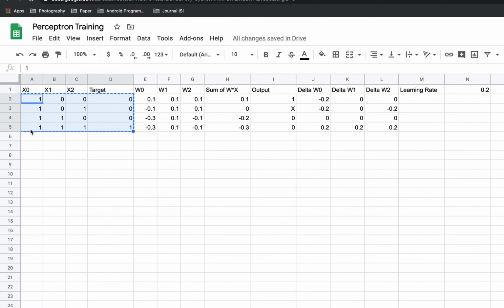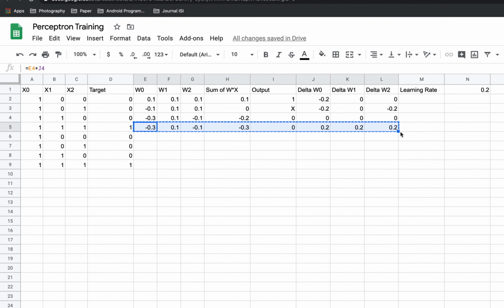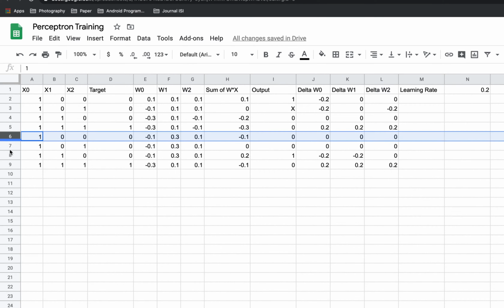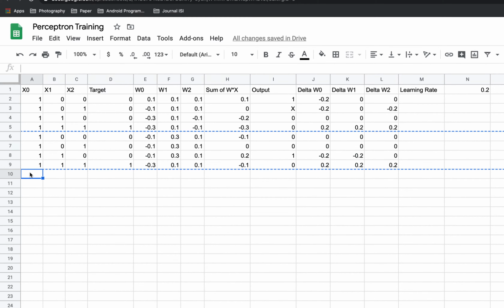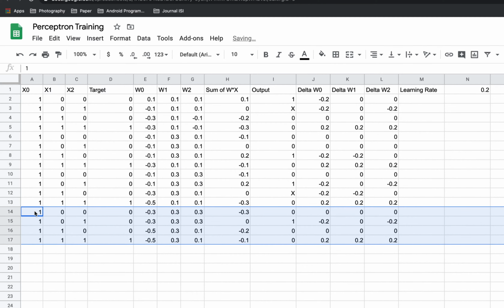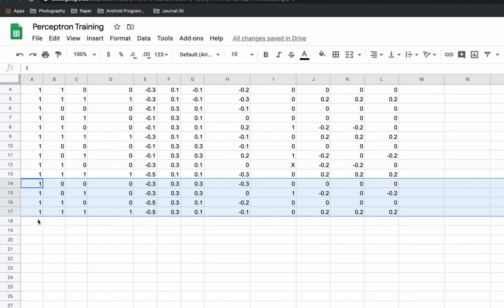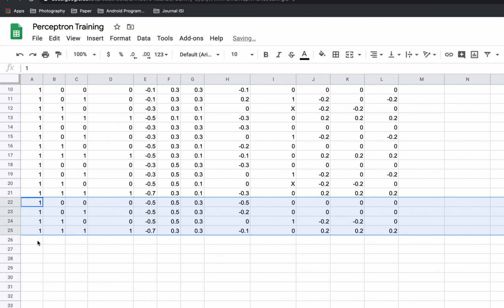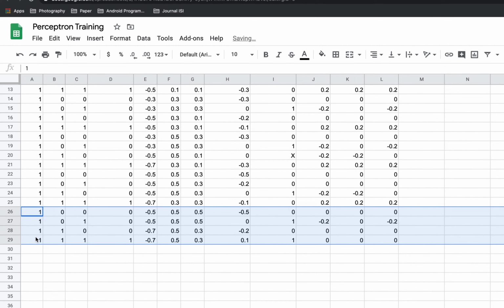Now we can copy all data here and copy the weight adjustment here. Can you see now there is just one example that is incorrectly classified?